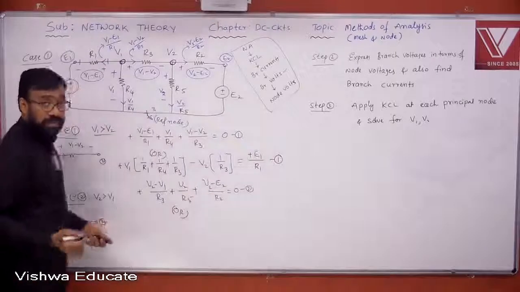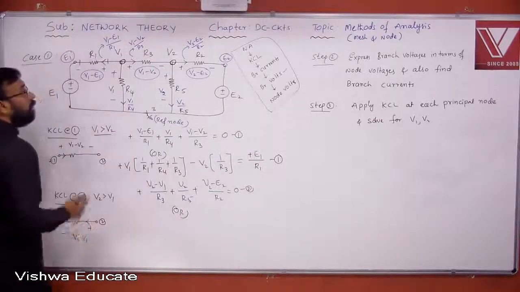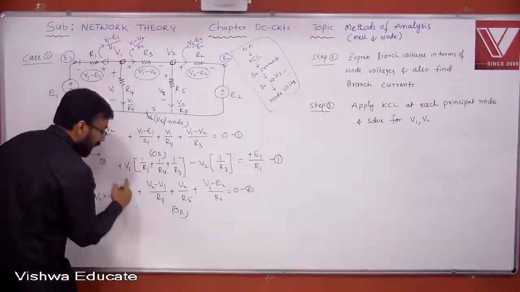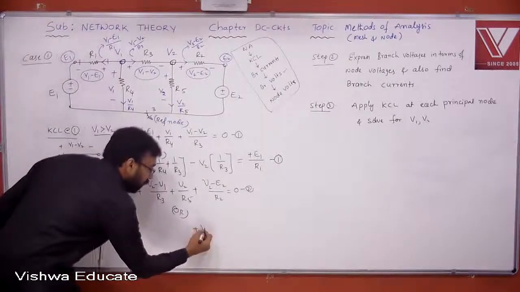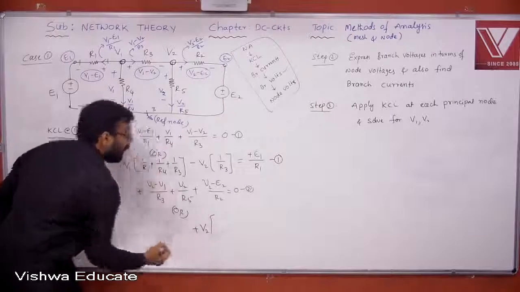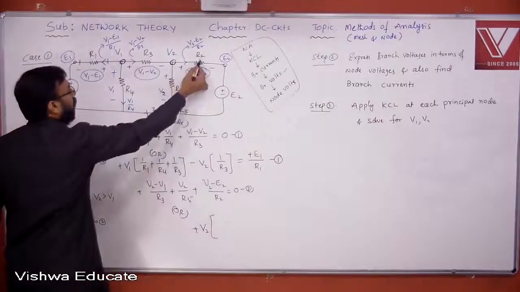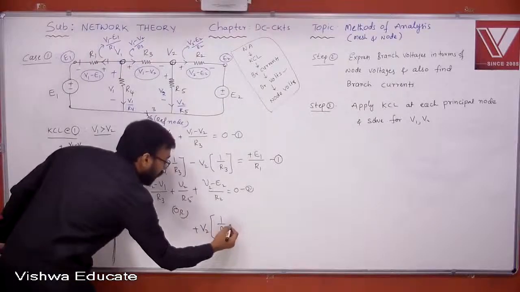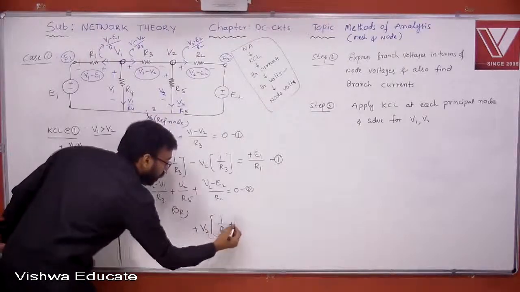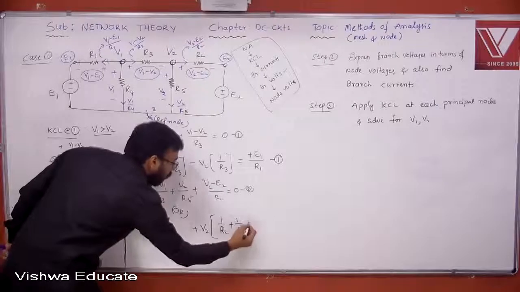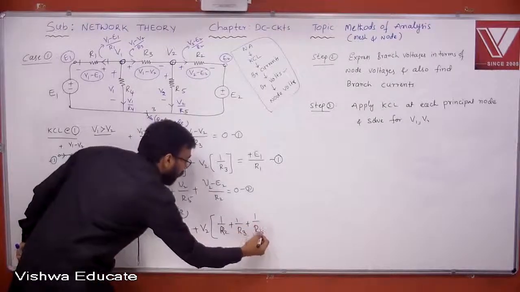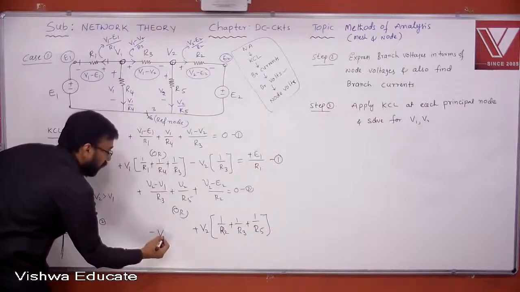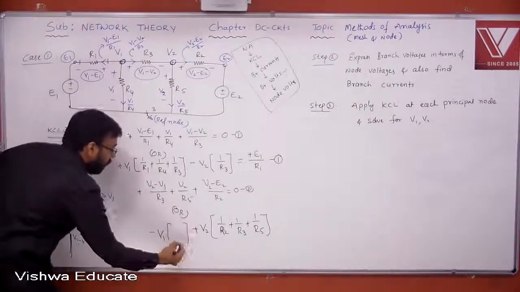That's it. Simple. Now, the second node. I think now you can easily write it. What is the predefined sign? Plus V2 times the sum of conductances: 1 by R2, 1 by R5, 1 by R3. Now, the minus sign, I told you already, you take just like that.